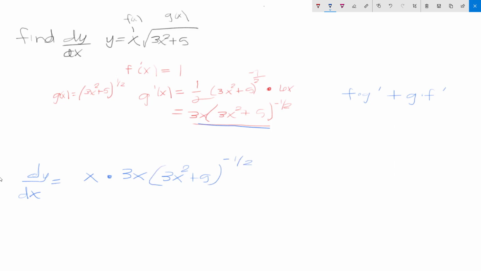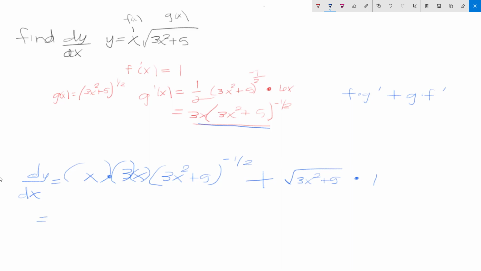And you know me, I like to put things in parentheses. Plus g, so let's just write it as the square root still, 3x squared plus 5. I don't care how you write this. You could have written it to the 1/2 power. Times f prime is 1, so that's super simple right there.